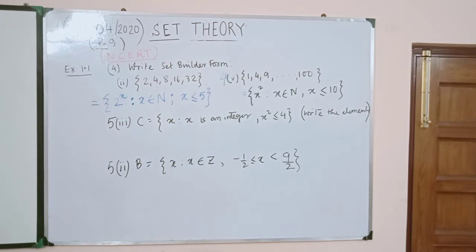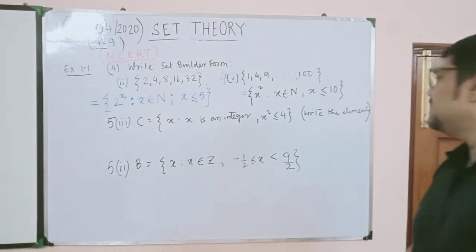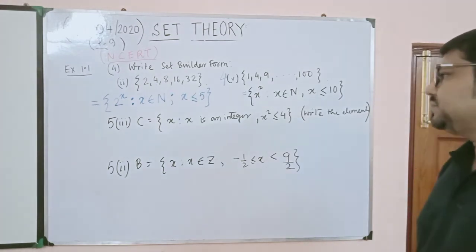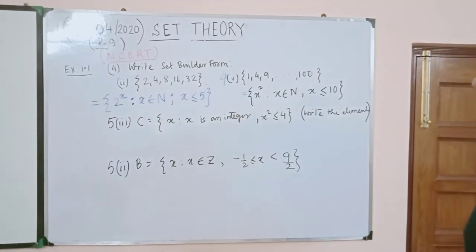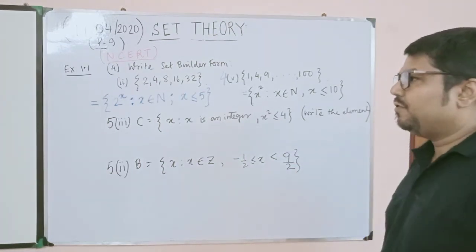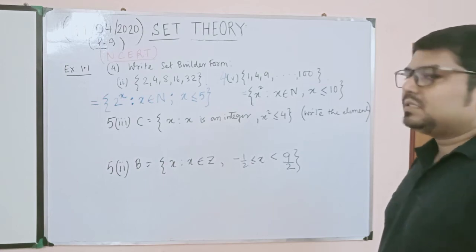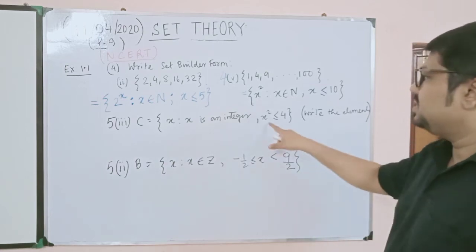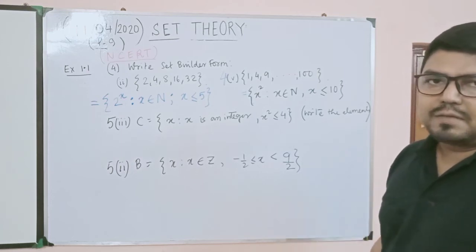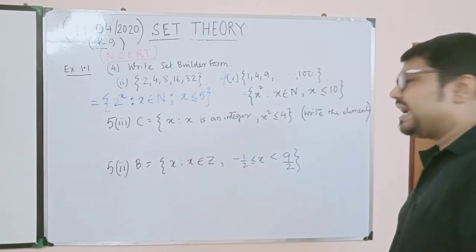The next is 5 part 3. Here we are writing the elements, that means we try to show something like roster form. It's some integer x where x square is less than 4. So x can be 0, because 0 square is 0. x can be 1, x can be 2. Can x be 3?